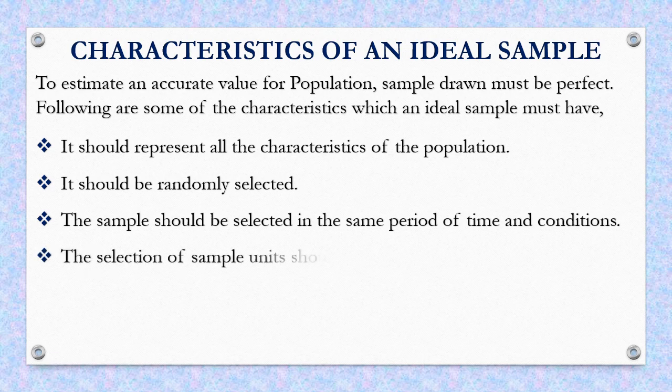The selection of sample units should be independent. Here it means that my previous selection of units should not affect my current selection of units. How can I give you an example? Because I am a teacher, naturally I will give an example of students. If I am selecting 10 students for going on a trip out of the 100 students, and I feel that if a whole group of friends go together, they will not stay under control, what I will do is select single students from 5 or 6 internal student groups.